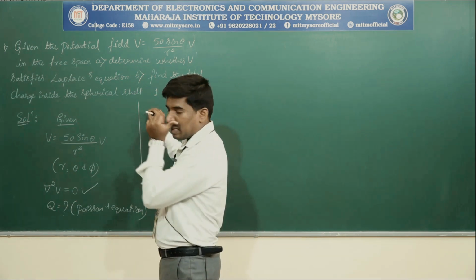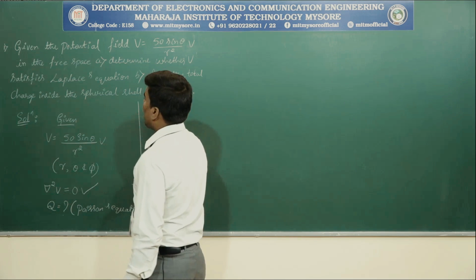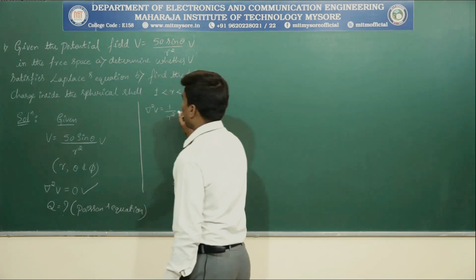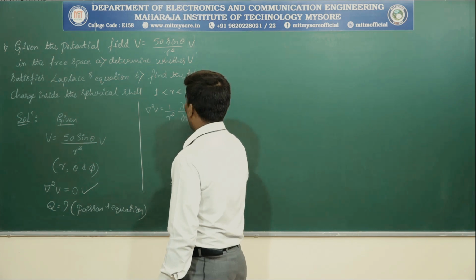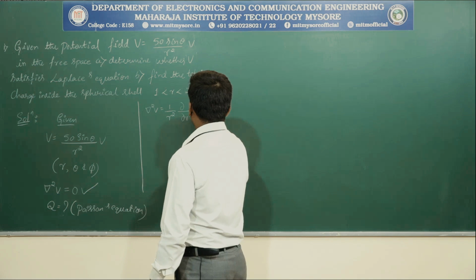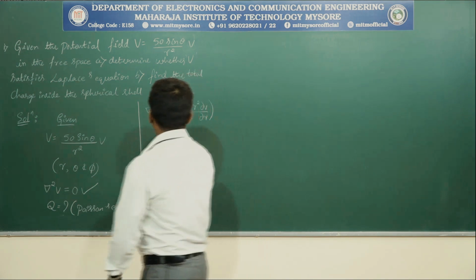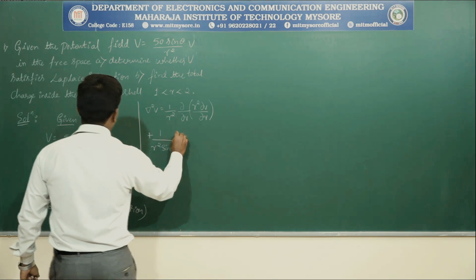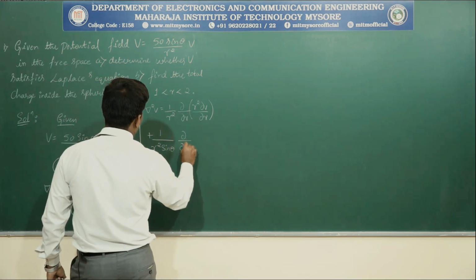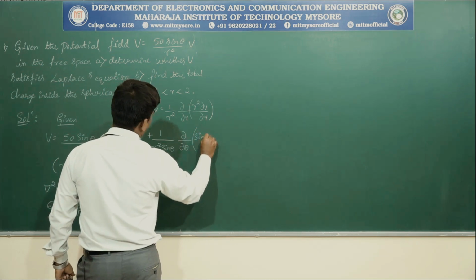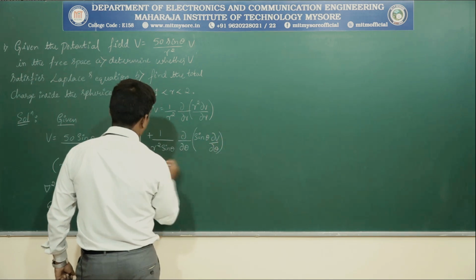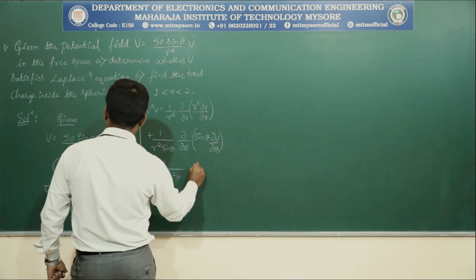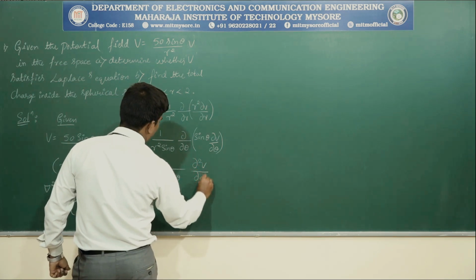We have seen in our previous session the spherical coordinate representation of Laplace equation is given by gradient square V is equal to 1 by r square dou by dou r of r square into dou V by dou r, plus 1 by r square sin theta into dou by dou theta of sin theta dou V by dou theta, plus 1 by r square sin square theta into dou square V by dou phi square.